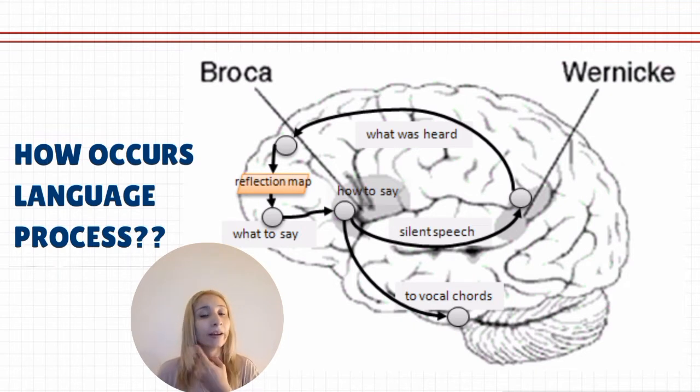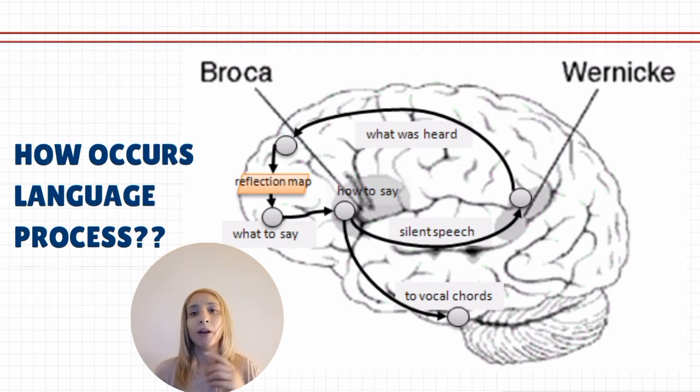The word is heard and comprehended via the Wernicke area. We hear the word and perceive the signals. This signal is then transferred via the arcuate fasciculus to the Broca area, where preparations are made to produce it.